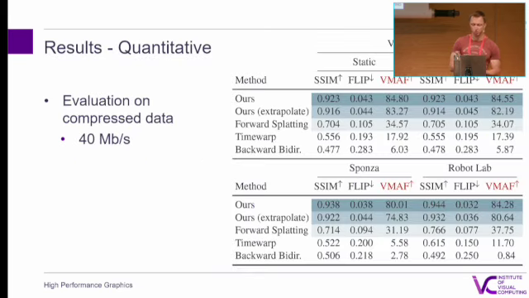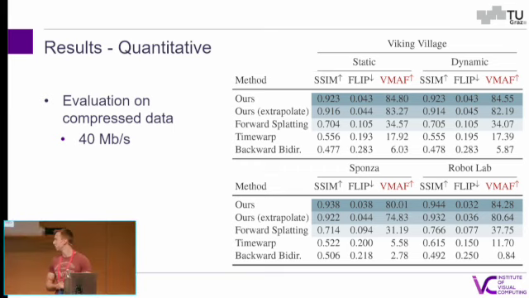So coming to some results, we tested every method on the compressed data using a fixed bitrate of 40 megabits per second, and we used the image metrics SSIM and FLIP, and also VMAF as a video metric. As you can see here, compared to the other methods, our method clearly outperforms the easier, more widely adopted methods.